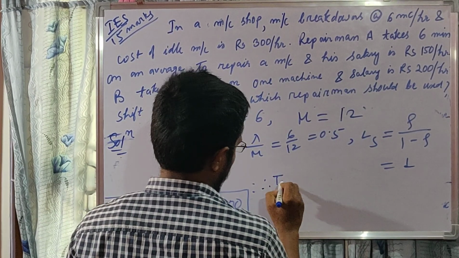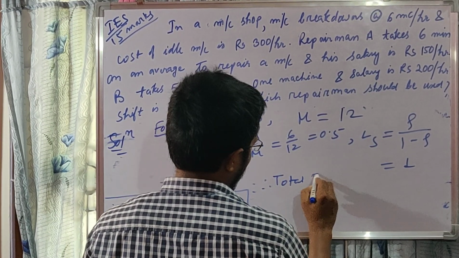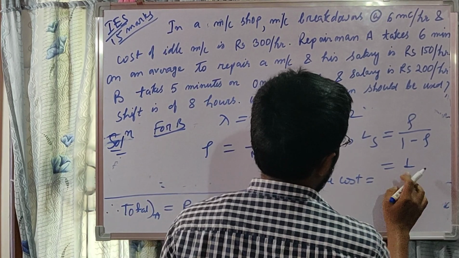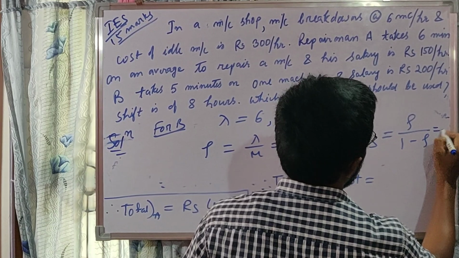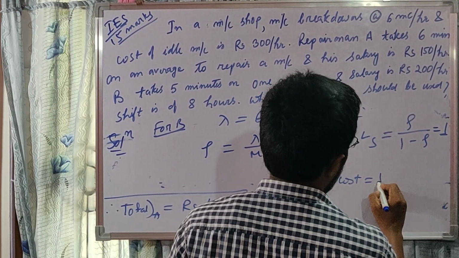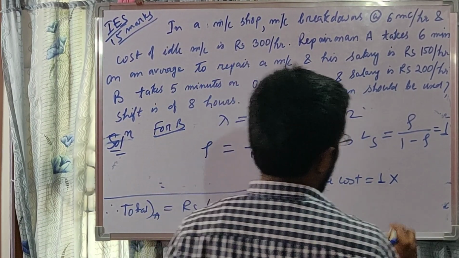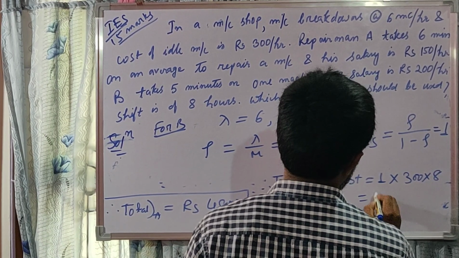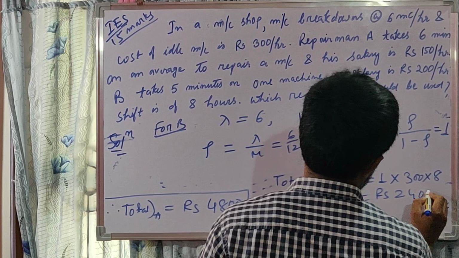So total idle cost will be equal to length of the system, which is 1. Total idle cost per hour is 300 and shift duration is 8. So rupees 2400.